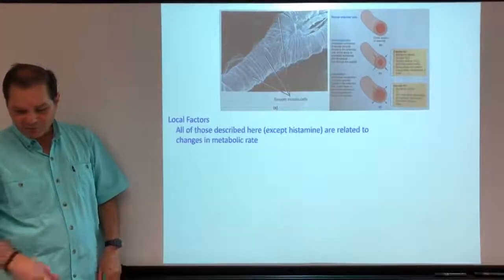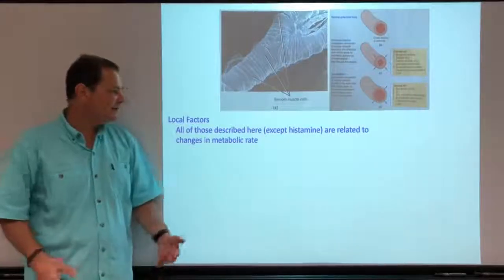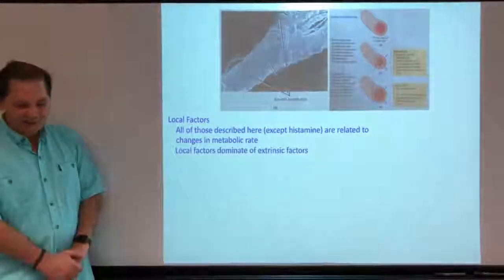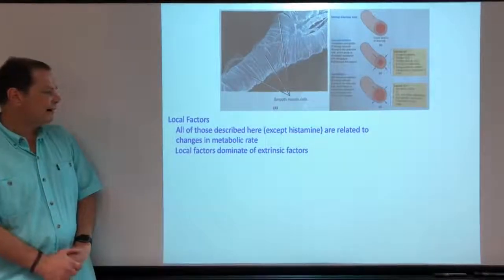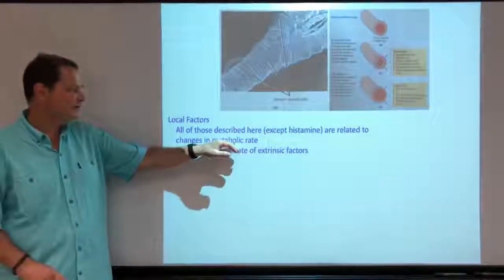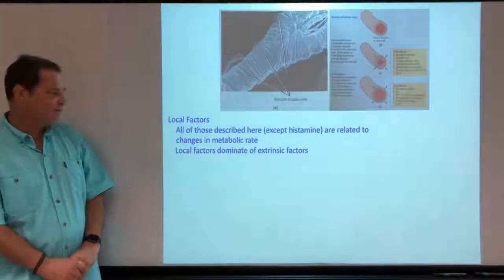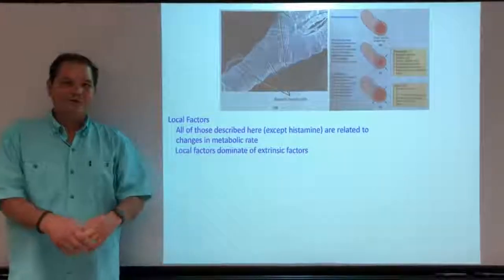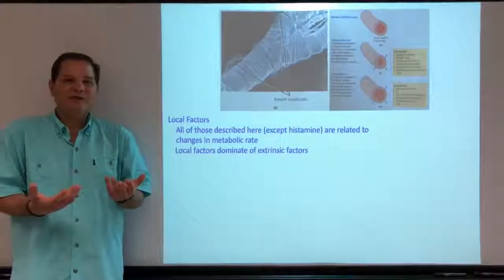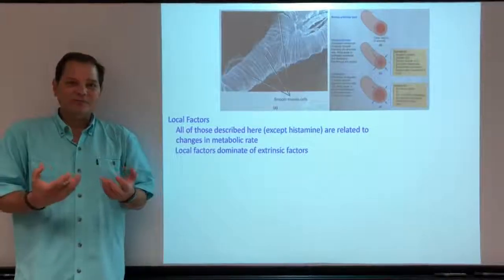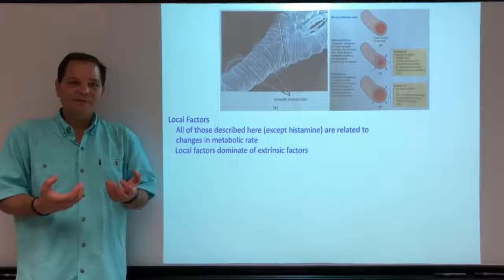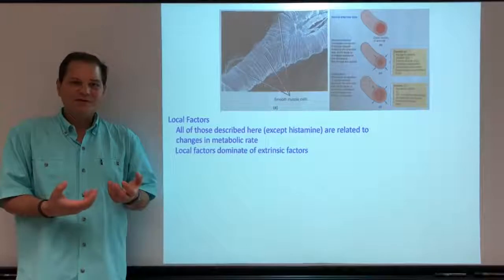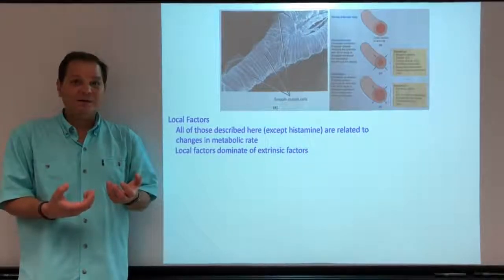So local factors, all of these except histamine that I'm going to mention, are related to changes in metabolic rate, and do note that these local factors, particularly the ones associated with the metabolic rate, do dominate over extrinsic factors. So your sympathetic tone will go up in exercise, but because your skeletal muscle is demanding more blood, because the metabolic rate is increased, you will get dilation in your skeletal muscle, not constriction.